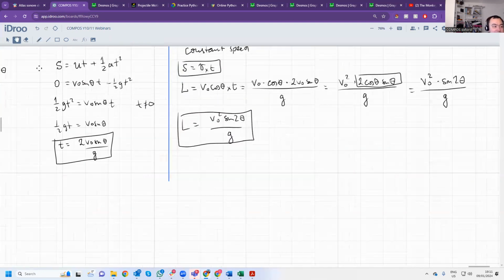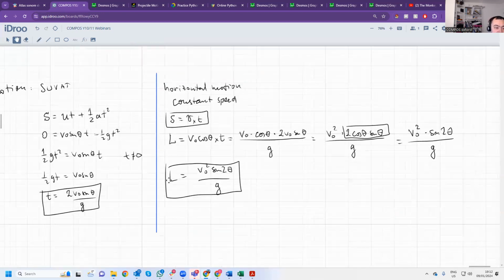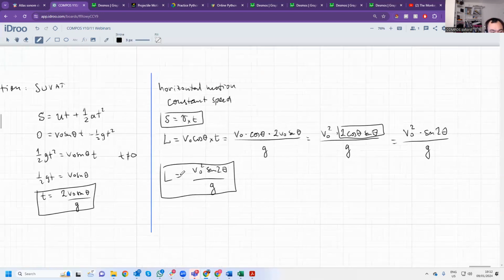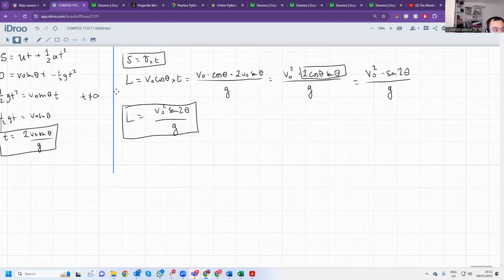Okay, let's analyze this. When is the range maximum? Well, V0 squared is fixed. Sine 2 theta, well, we know that sine is between -1 and 1.